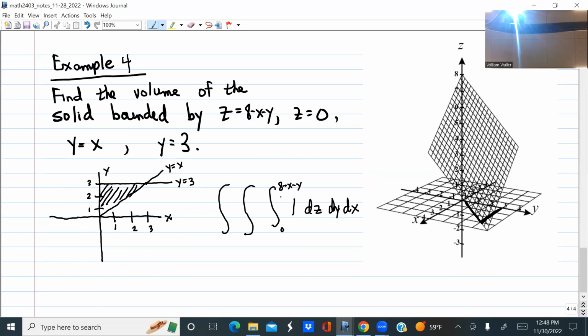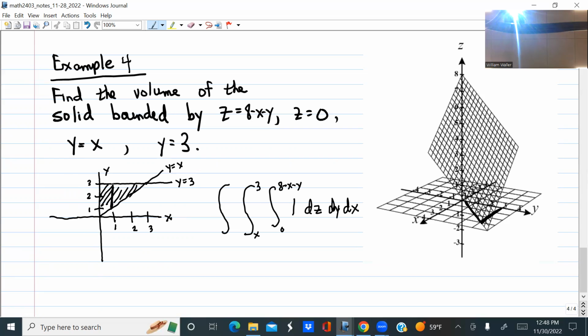And now let's see, we're doing y next. So let's fix an x value. Let's say x equals 1. So what is the extent on the y there? I know where it's going on the top is what? 3, right? Where is it starting at though? Isn't it starting at x? Yeah, okay, starts at x and goes up to 3.